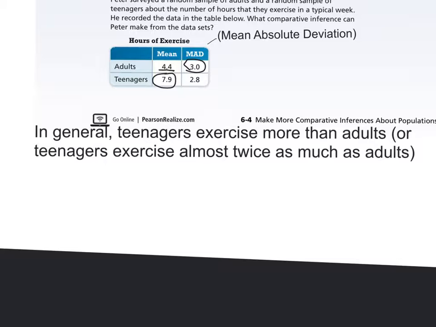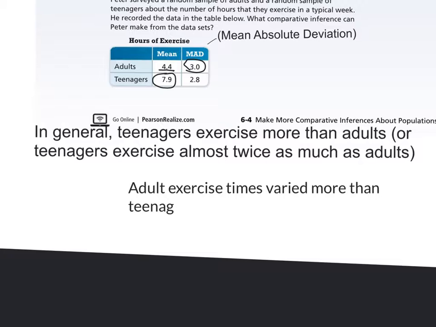And then based off of the mean absolute deviation, we could also say that adult exercise times varied more than teenager exercise times.